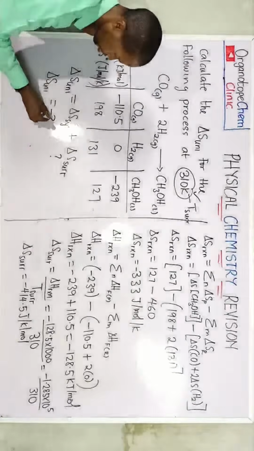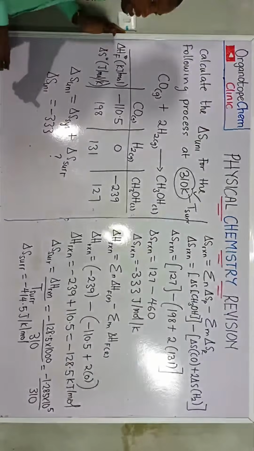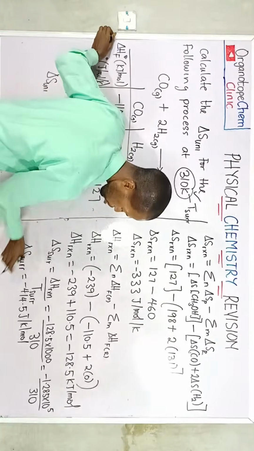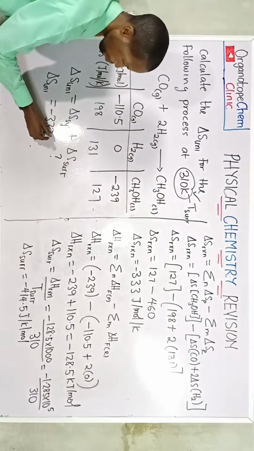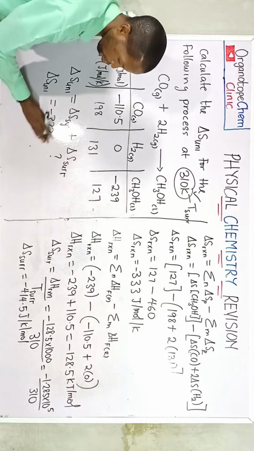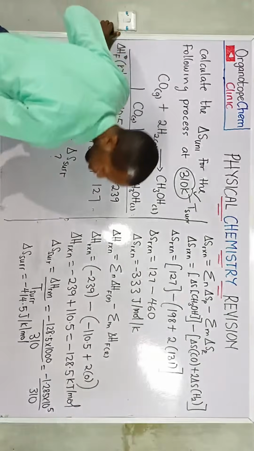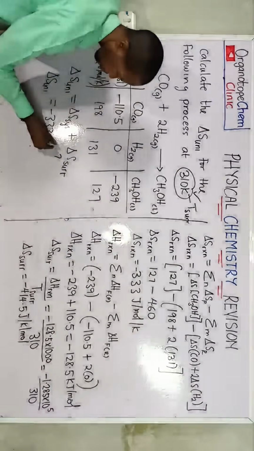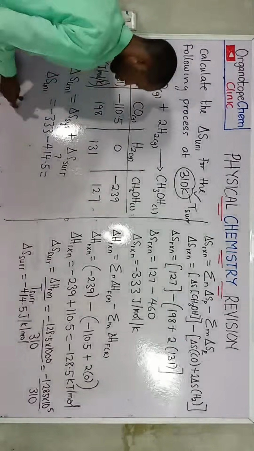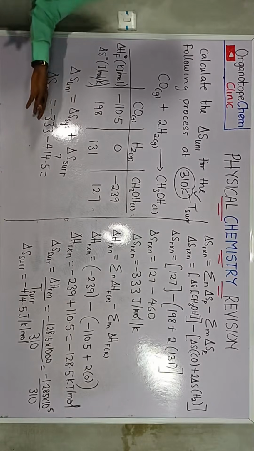Minus 333, plus what is the entropy of the surrounding? We have minus 414.5. So can you subtract this?